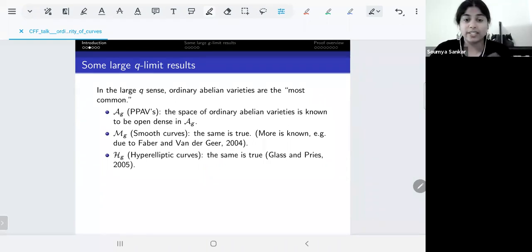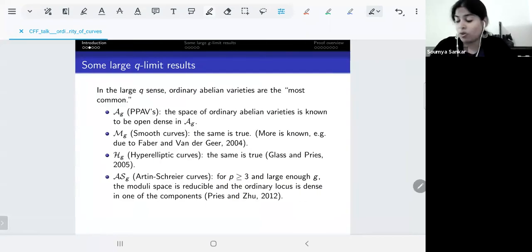The ordinary locus is open dense, and you know more about the p-rank stratification due to Glass and Pries in 2005. There are also other kinds of curves, like Artin-Schreier curves, for which the moduli space is reducible for large enough g. So the ordinary locus is not dense, but it is open dense in one of the components.